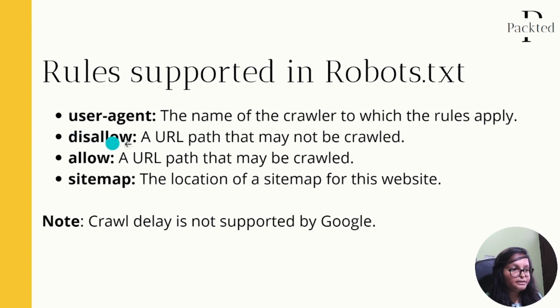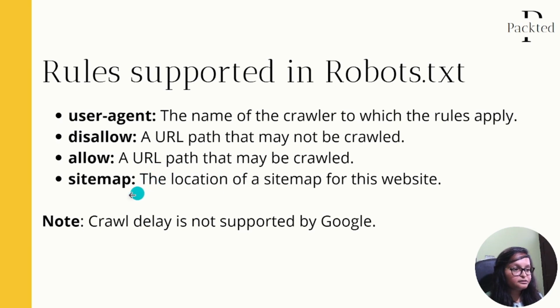And disallow means any URL path or directory that you don't want to crawl, basically the URLs that you want to block from crawling. The opposite goes for the allow rule, any URL, directory path, or anything that you want to be crawled. And the last one is the sitemap. So this means that you can specify the sitemap of your website in the robots.txt. We have talked about this in the last videos.